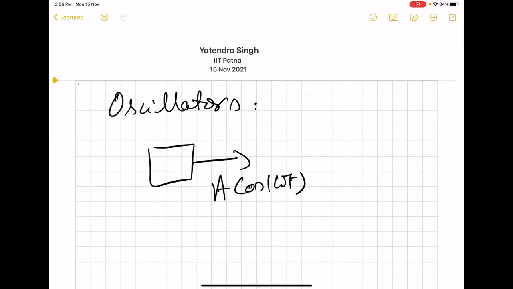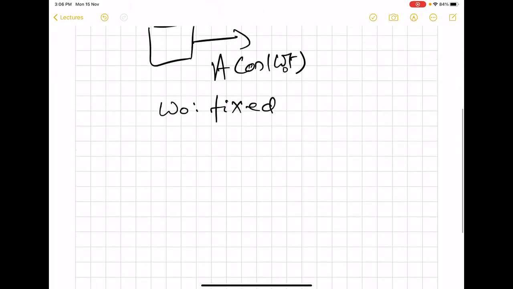Here, what we find is this omega naught typically will be fixed. And if we have a scenario where we want to change this omega naught, then it will be difficult to use these oscillators. So what we want is a more versatile circuit, frequency synthesizers.